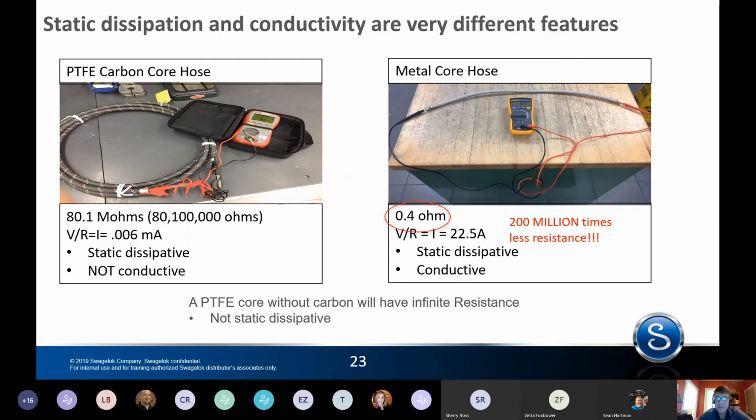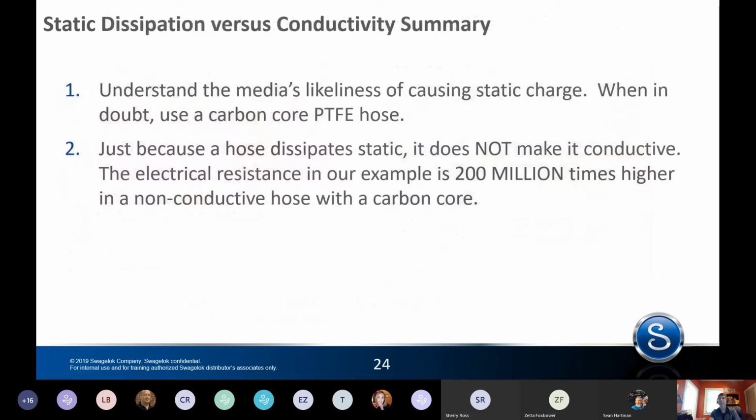So the important thing here is understand really what the need is of the hose electrically. And in some cases, it doesn't really matter. In some cases, one matters or the other. You can get static dissipative hoses that are conductive. You can get static dissipative hoses that aren't conductive, or vice versa.